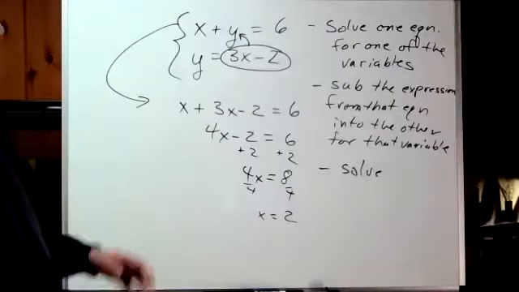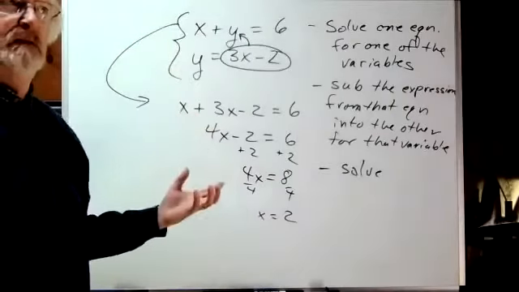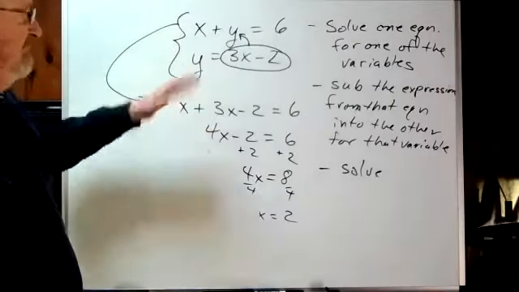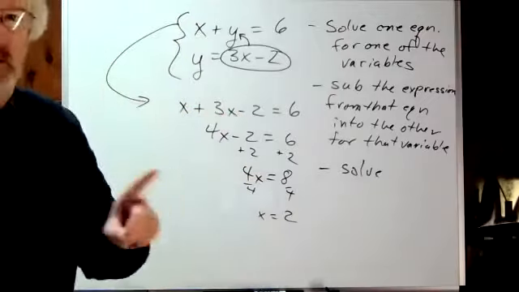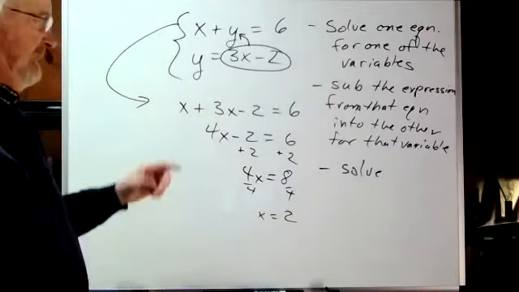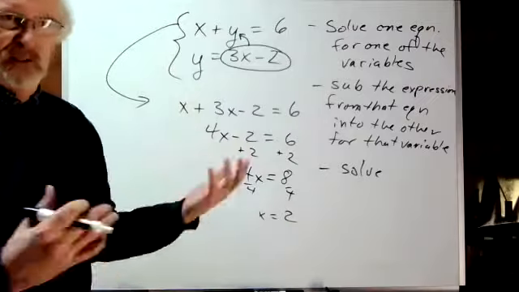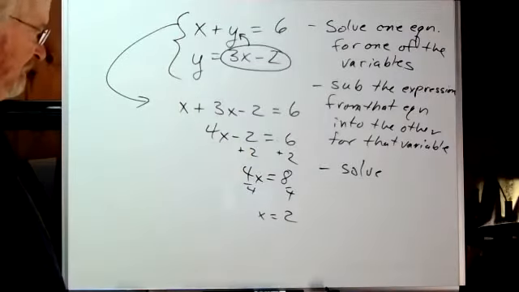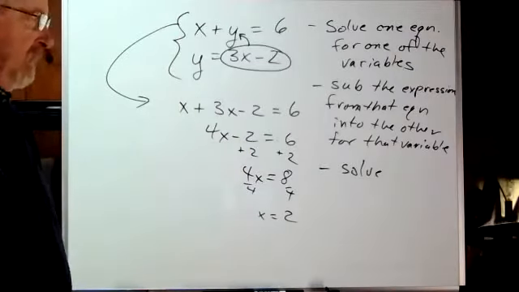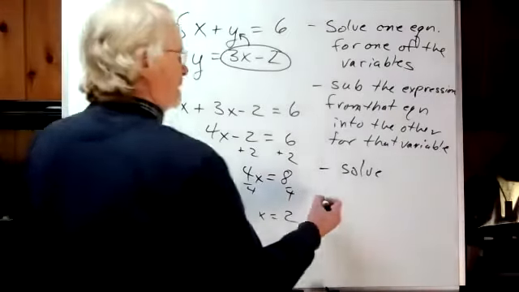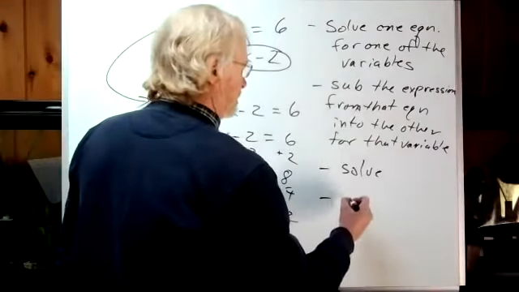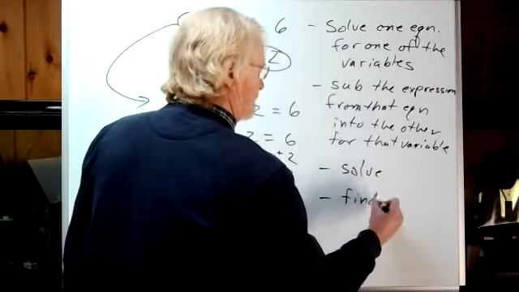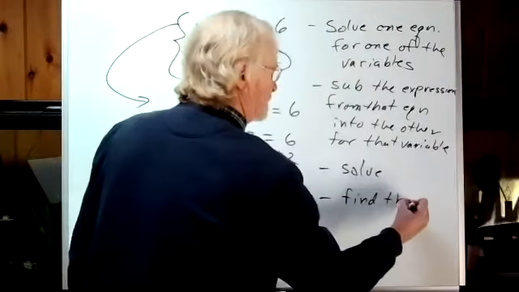So by doing the substitution, I'm able to reduce my system to one equation with only one variable in it. And I can solve for that one variable just like we've been doing for quite a while now. We do always want both points, both values.